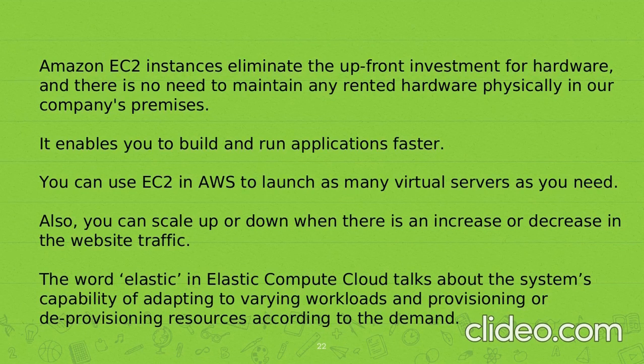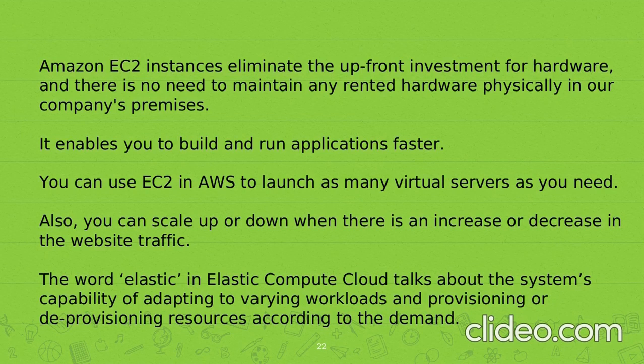You can use EC2 in AWS to launch as many virtual servers as you need. Also, you can scale up or down when there is an increase or decrease in the website traffic. The word elastic in Elastic Compute Cloud talks about the system's capability of adapting to varying workloads and provisioning or deprovisioning the resources according to the demand.